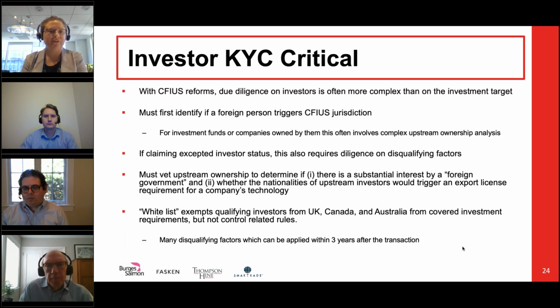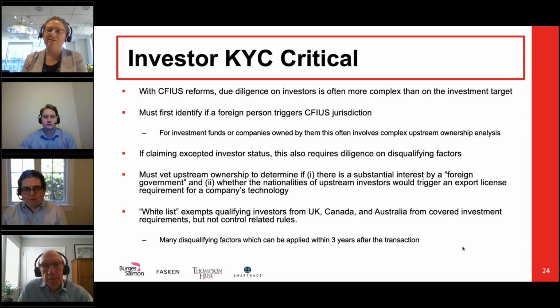I wanted to briefly touch on the whitelist, which is a set of rules that exempt certain qualifying investors from the UK, Canada, and Australia. First, the exemptions only cover certain covered investment requirements, and they don't apply to control acquisitions.